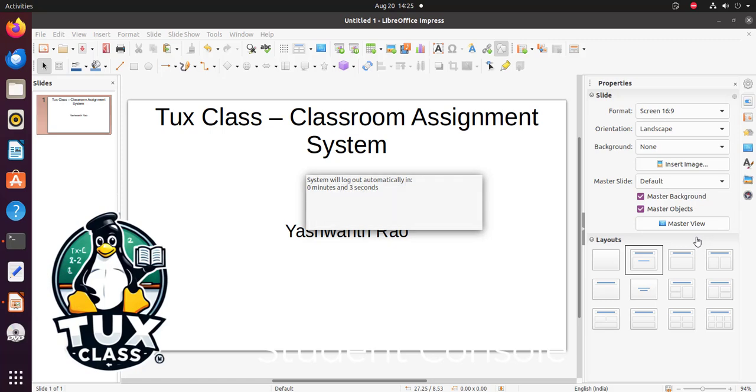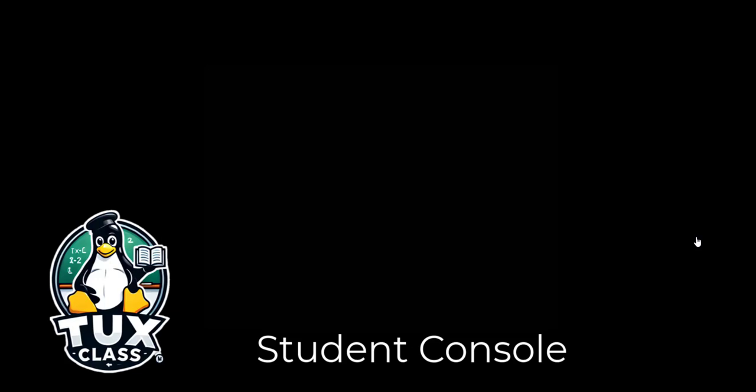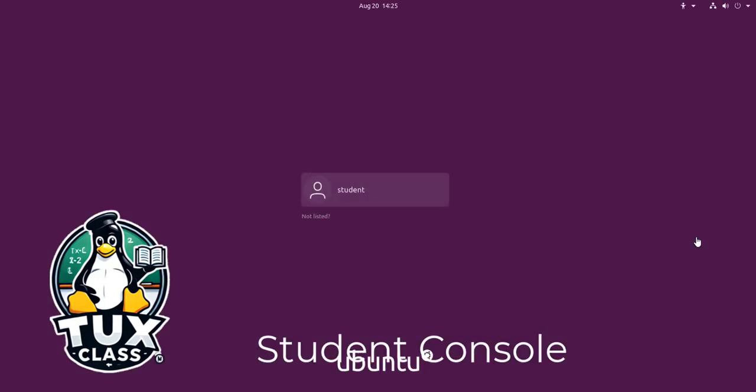And at the end of 5 minutes, the student is given 2 additional minutes to save their work. And now, after the 2 additional minutes, this is what happens. The system logs out automatically and the student is brought back to their login screen. So this is how the Tux Class system works on the student end as well.